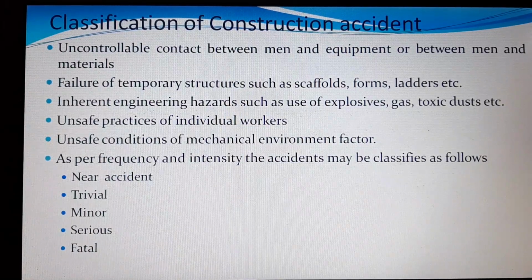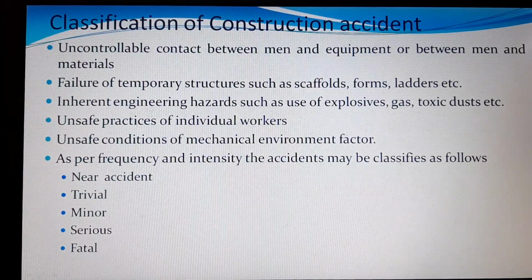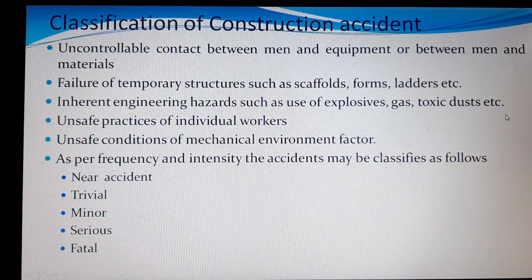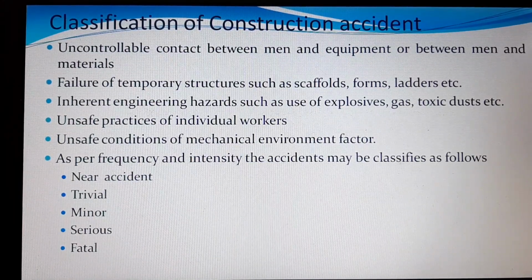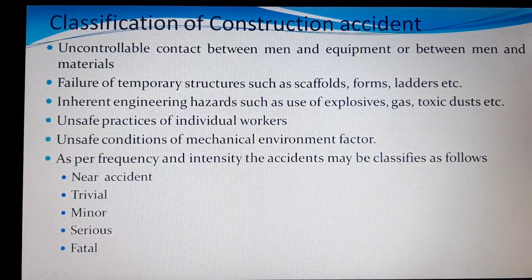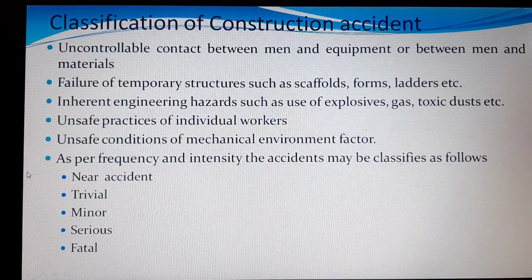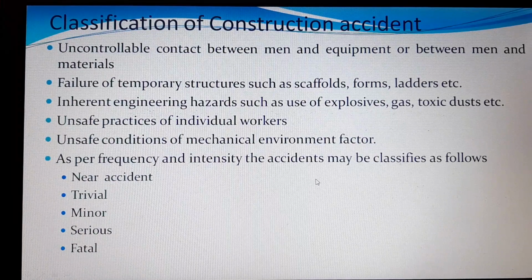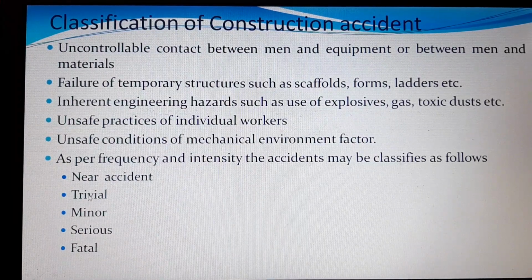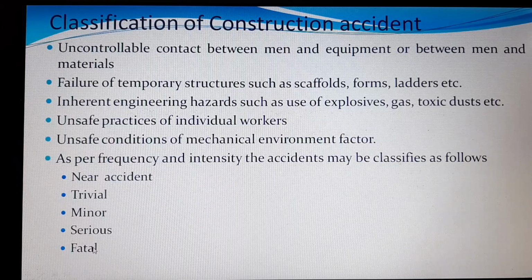The second is the failure of temporary structures such as scaffolds, forms, ladders, etc. Then inherent engineering hazards such as use of explosives, gas, toxic dusts, etc. Then unsafe practice of individual workers, mainly because of their lack of knowledge and their attitude, and unsafe conditions of mechanical or environmental factors. Apart from this, according to frequency and intensity, the classification may also be near accident, trivial, minor, serious, or fatal.